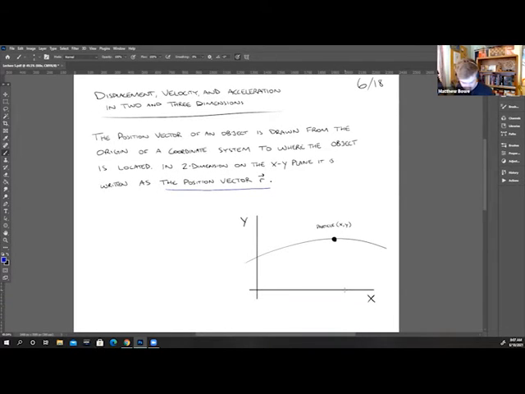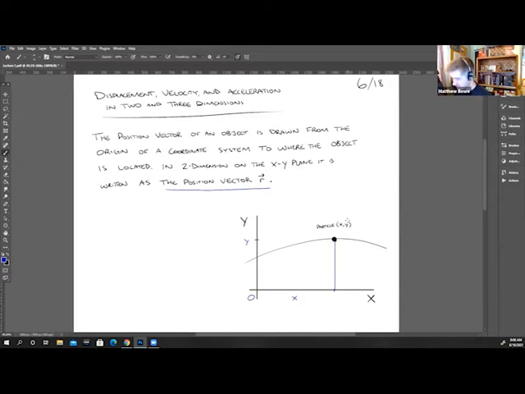So these are the coordinates. It's a distance x away from the origin, which is right here, 0, and it is at a height of y. That's why it is at position x, y.